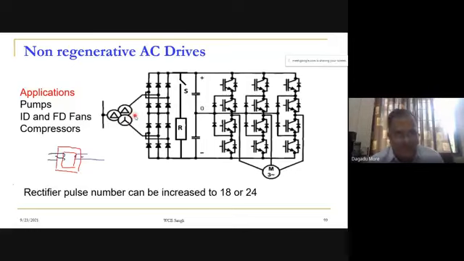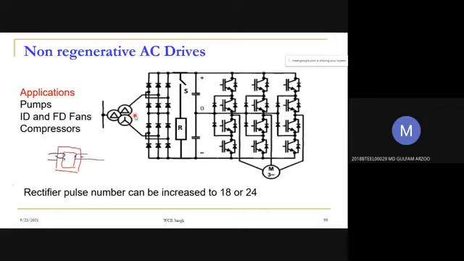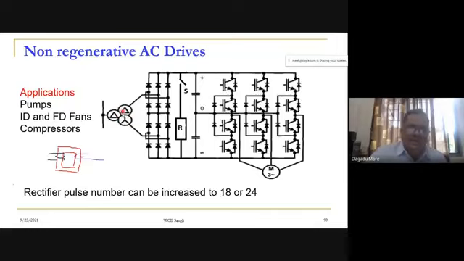Why is it required? To get different phase shift levels, like DD0 or DY1. The line voltage phase shift between delta and star is 30 degrees. This line voltage is of delta and this line voltage is of star; they have a phase shift of 30 degrees.